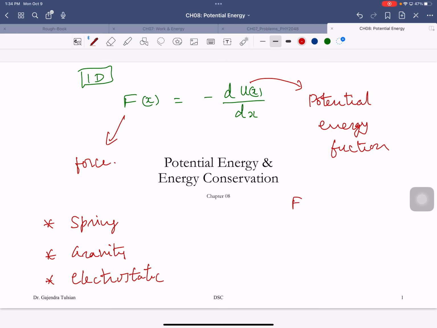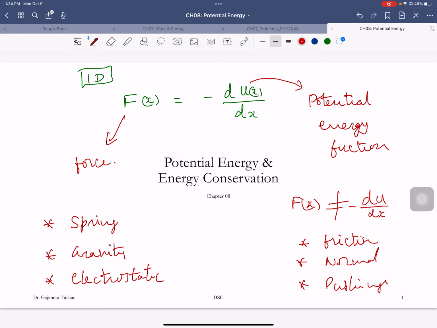And for these forces, you cannot do that. For friction, normal force, you pushing on something, and so on. Tension.